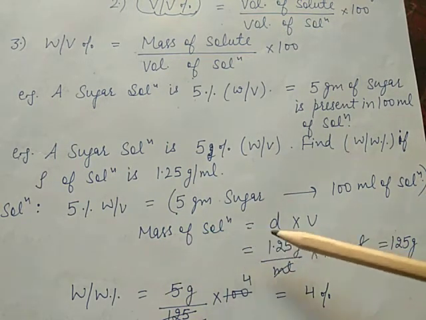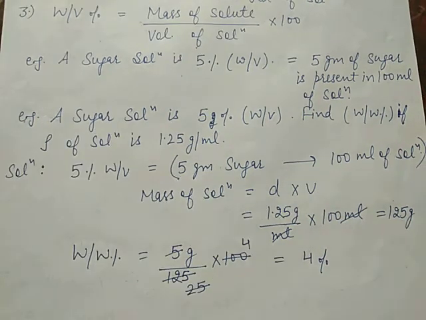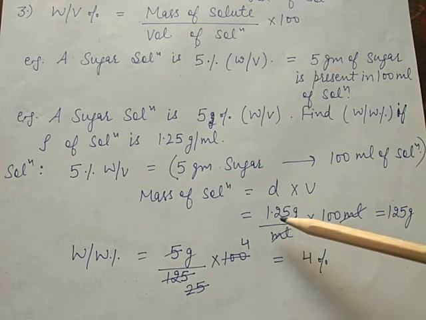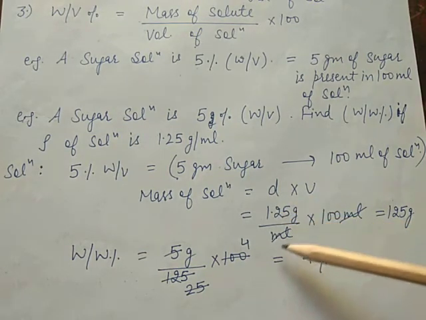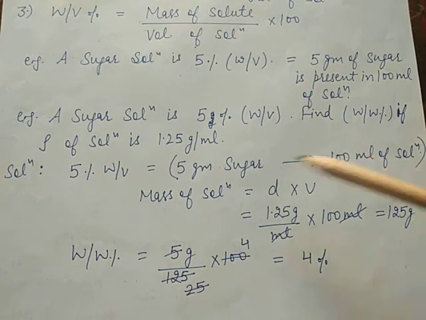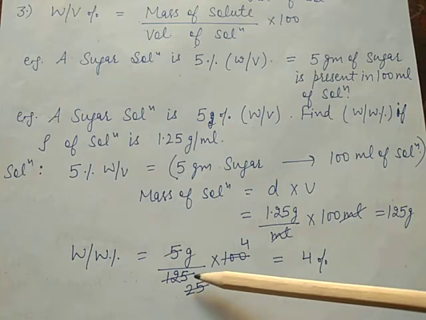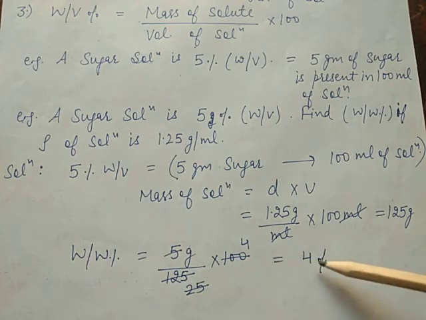Mass of solution is equal to density multiply volume. Density 1.25 gram per ml multiply volume 100 ml, it means 125 gram. Weight by weight percentage is equal to 5 divided by 125 multiply 100, that is 4%.